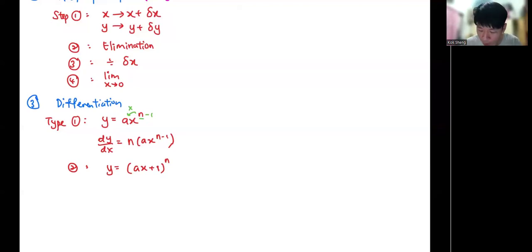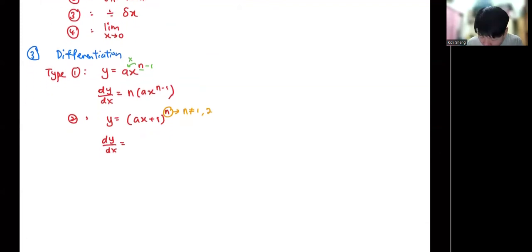Of course for the power here, n is not equal to 1 or 2, because with power 1 you can open the bracket straight away, and with power 2 you're able to expand also. So which means power 3, 4, or even negative power, then you have to go for the type 2 differentiation here. So here is the formula.